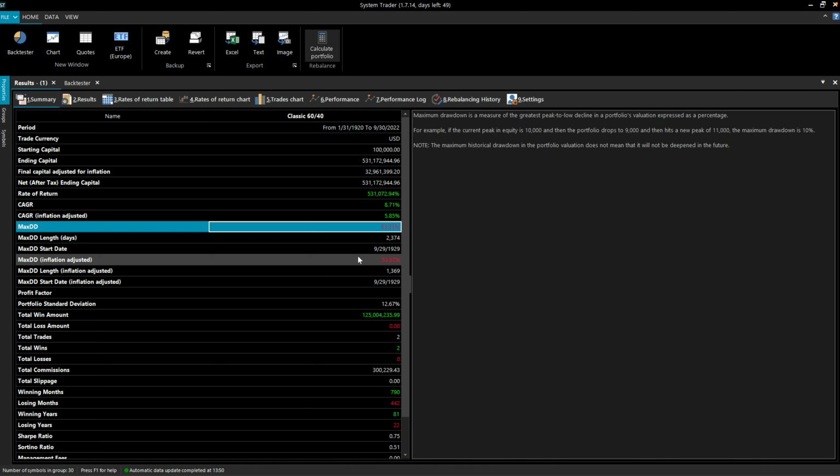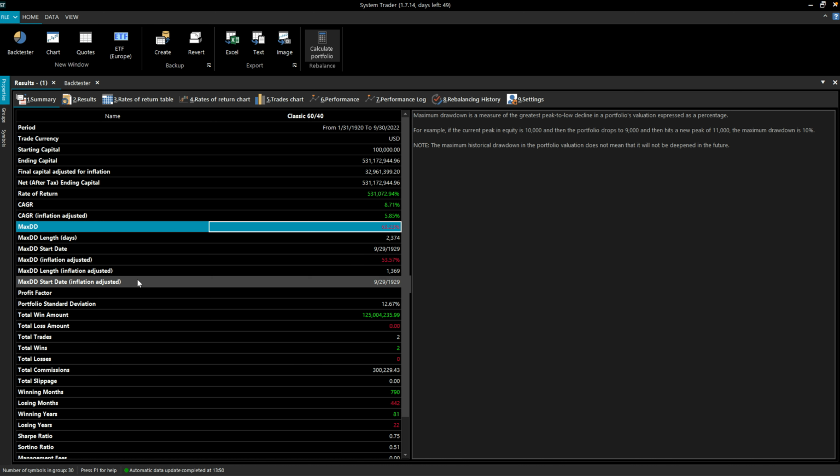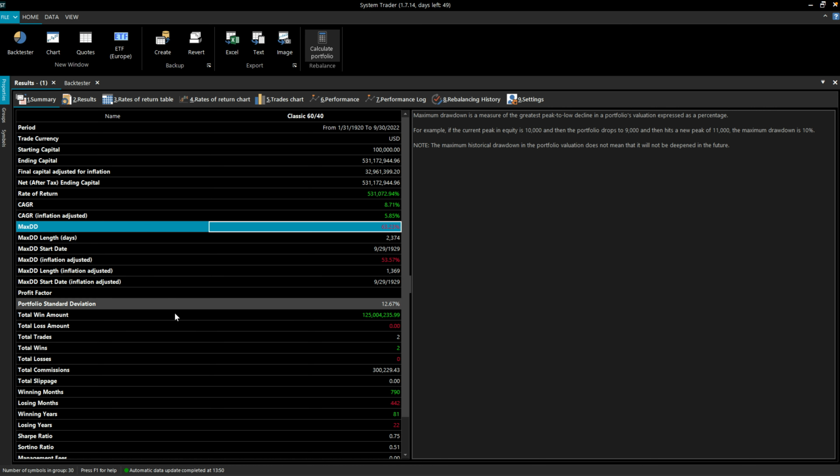Of course, it's the opposite of what inflation means. And we see also other metrics which are inflation adjusted. So that means that we don't want to only see the metrics in nominal terms, but also in real terms.